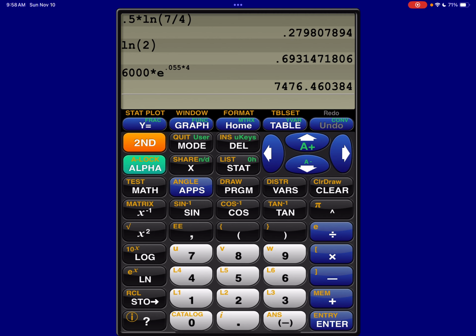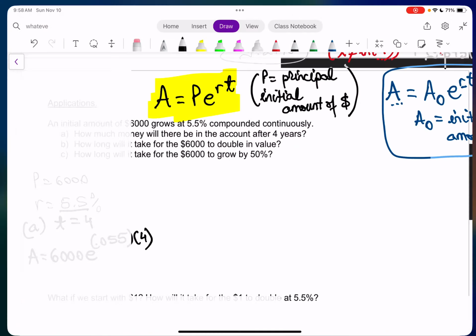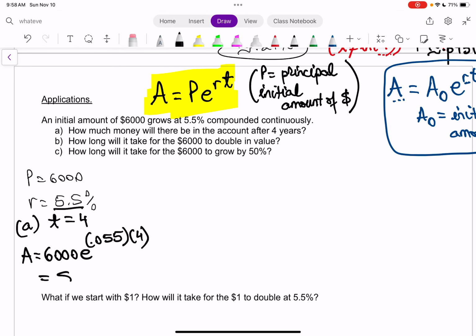So that's the amount of money you'll have, $7,476 and 46 cents. Okay. In 4 years, your money grew by $1,476. Great.